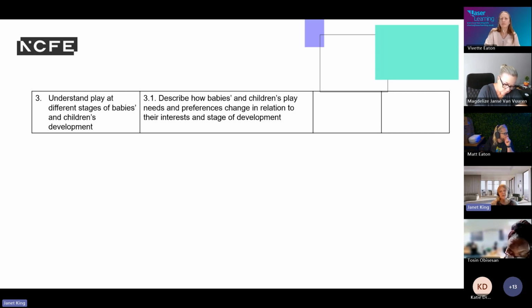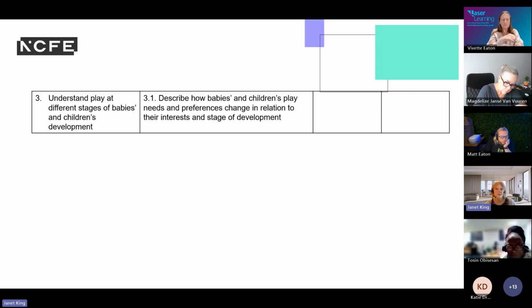So it's thinking about that planning as well as thinking about how things change when a child grows, much more holistically about their development in terms of how that can impact the play preferences that they may have. But I think sometimes we're very much in an adult directed mode: we're going to have this, we know that children like this.